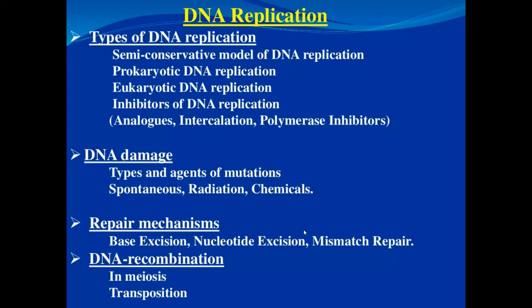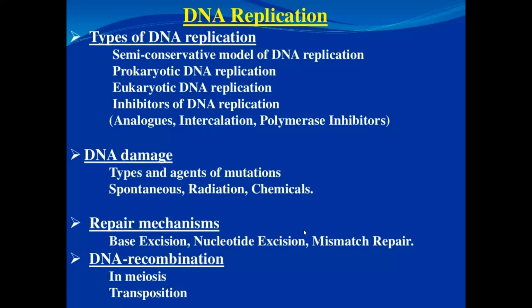Last class, I just started with a brief session on the structure of DNA, where we came across the basic difference between DNA and RNA, and we went through the Watson and Crick model of DNA.